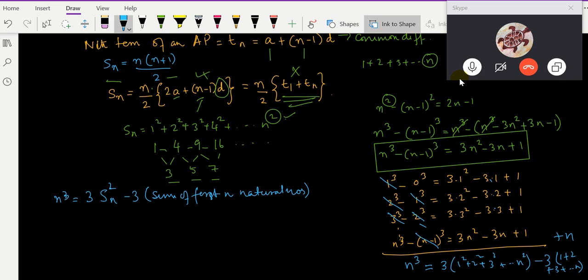Plus n, right? So this is equal to 3 Sn square, I mean, sum of the squares of n terms, minus 3. What will be this?